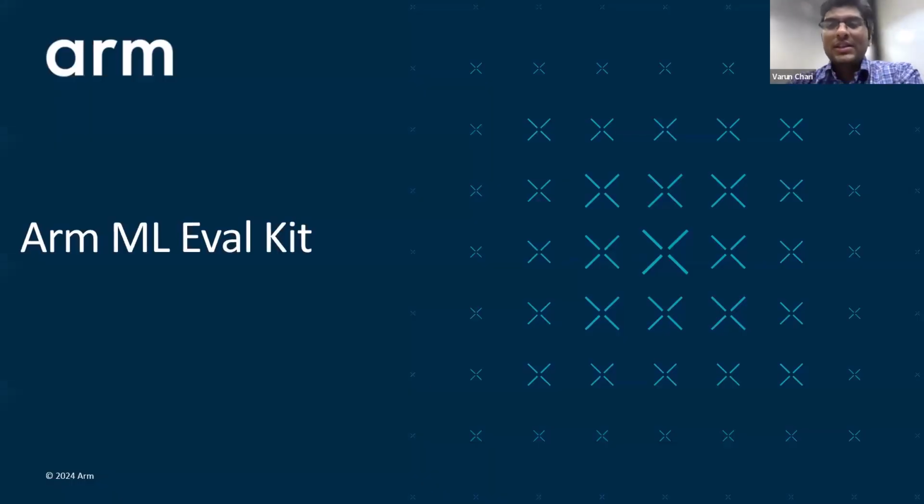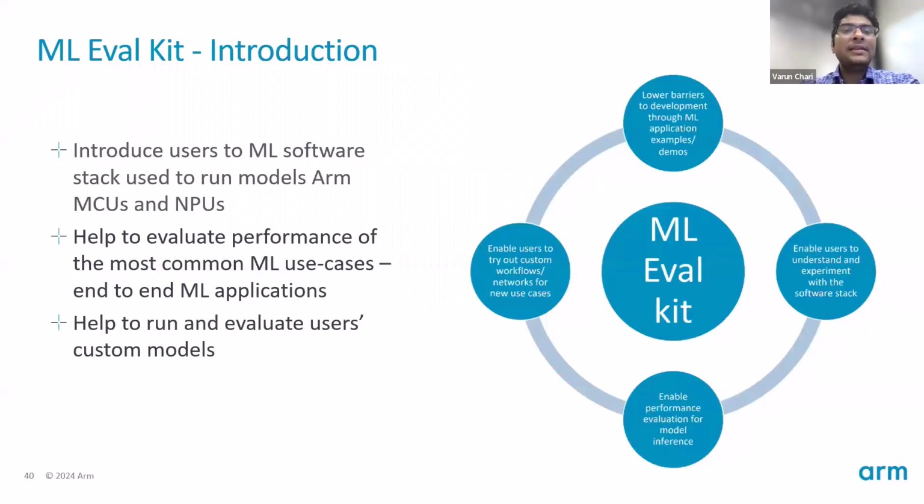So to accelerate ML application development, Arm has also provided a basic CMSIS pack in the form of the Arm ML evaluation kit. It provides a low barrier to entry through standard ML applications, examples or demos.